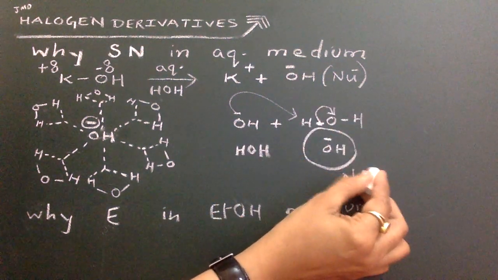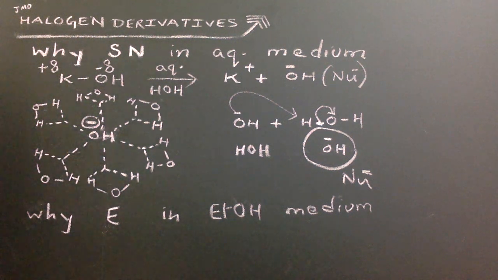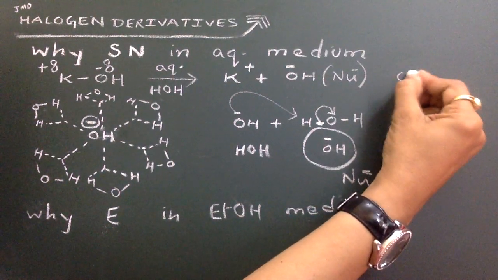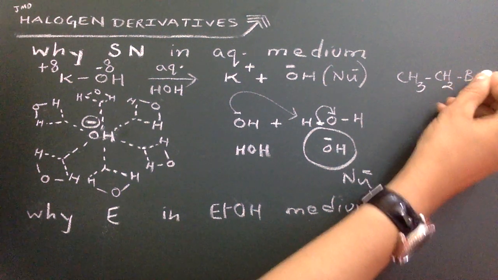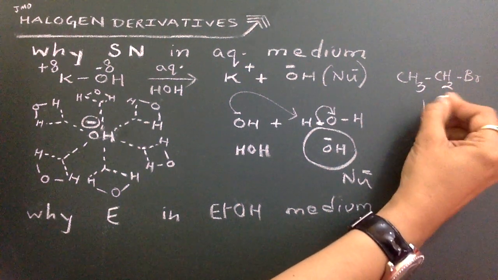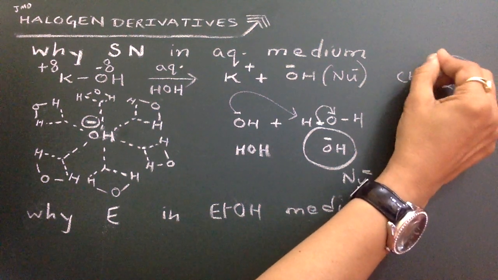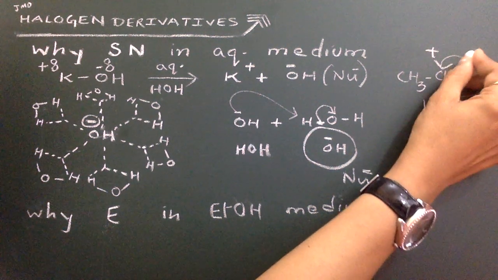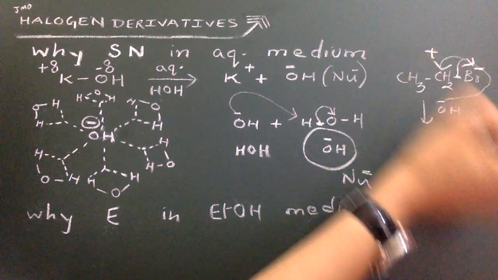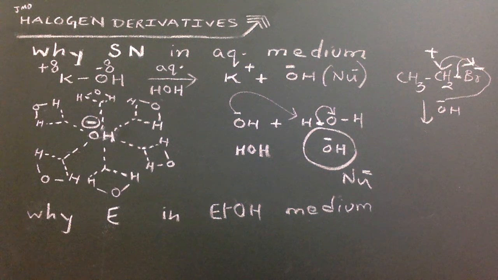The nucleophile is existing in aqueous medium, and this nucleophile will quickly attack the carbon, because carbon will be positive here and bromine is negative here, as the electron pair will shift towards bromine, and hence nucleophilic substitution will take place very easily in water.